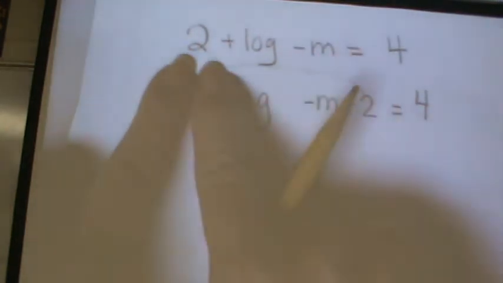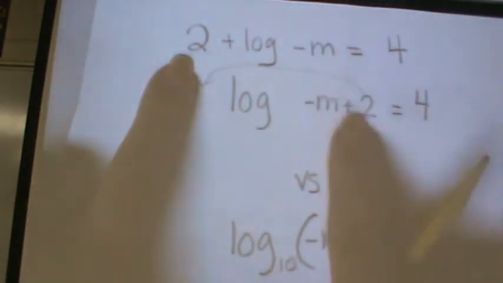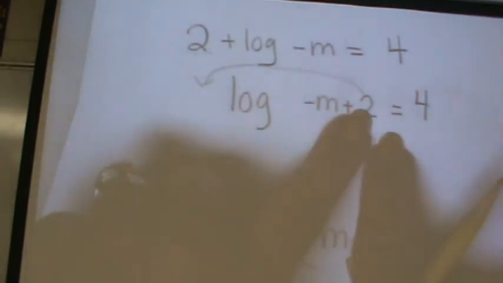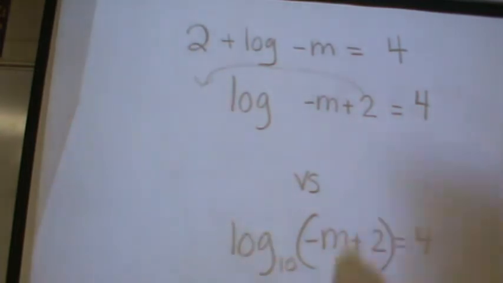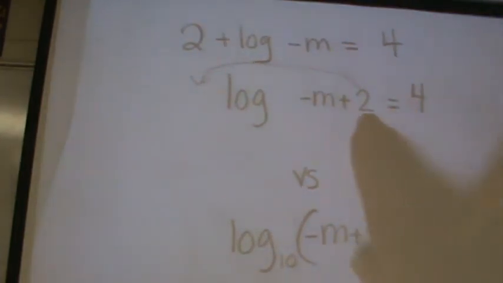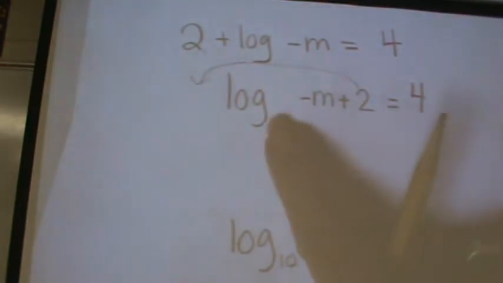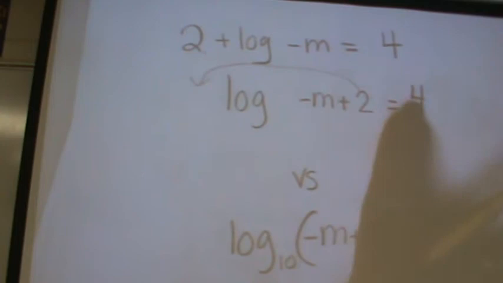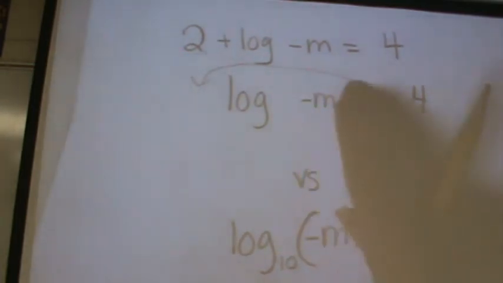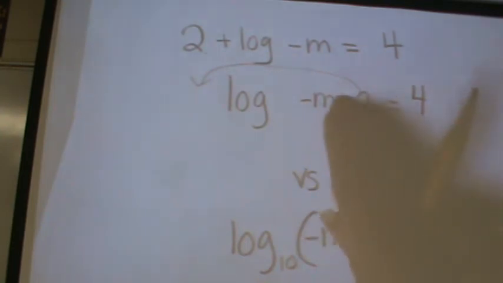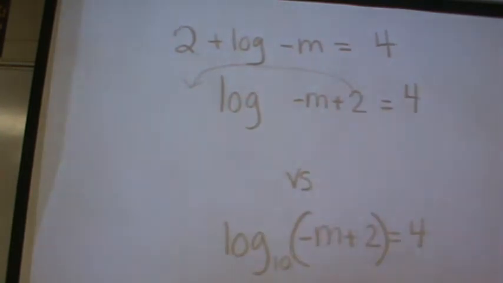For some reason, you guys see it clearly when that number is in front. When it was in front, you were right away saying subtract 2. But the minute I put it here, you were questioning whether to rewrite it as 10 to the 4th power. I think it's easier. And I'm telling you that if you don't see parentheses around this, assume that they're separate.